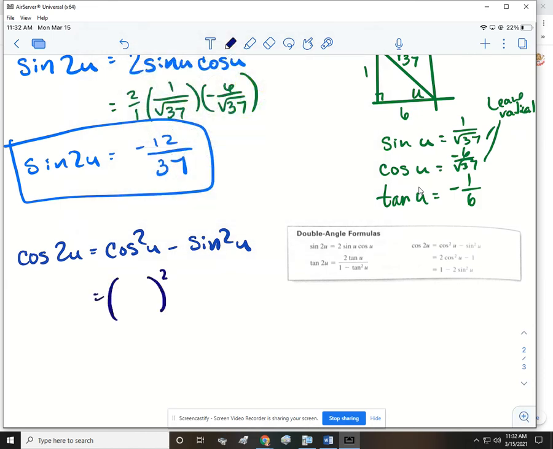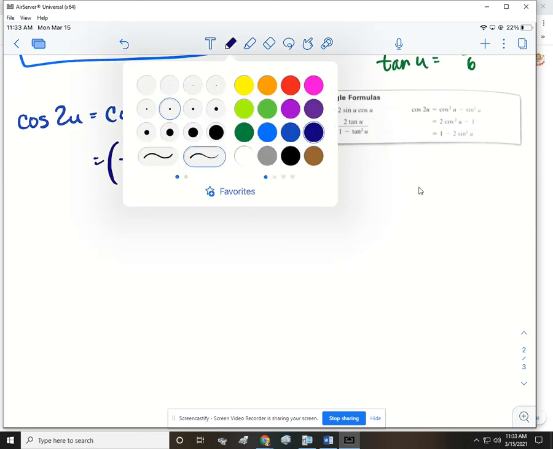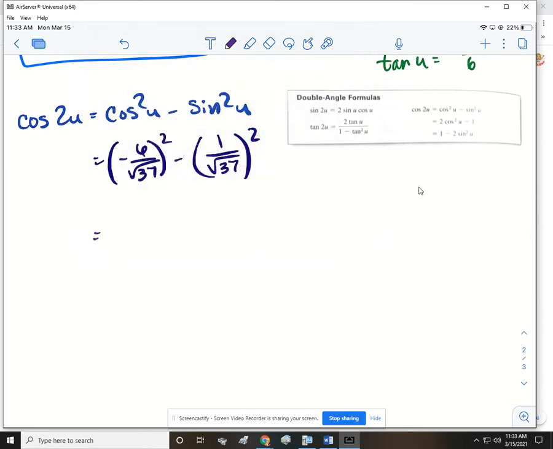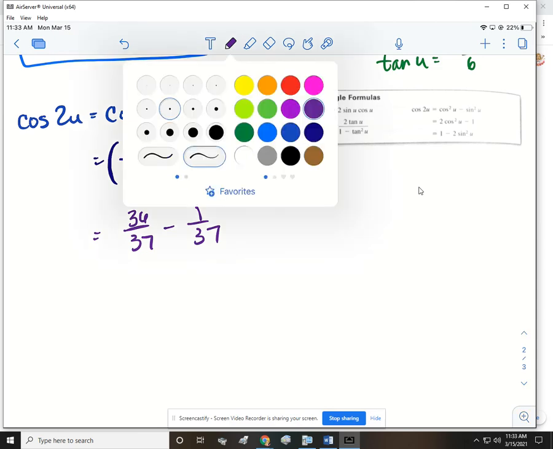All right, so I'm going to put in the cosine of u, and then I'm going to square it, and I'm going to put in the sine of u, and I'm going to square it. Okay, and then all I need to do is subtract those.